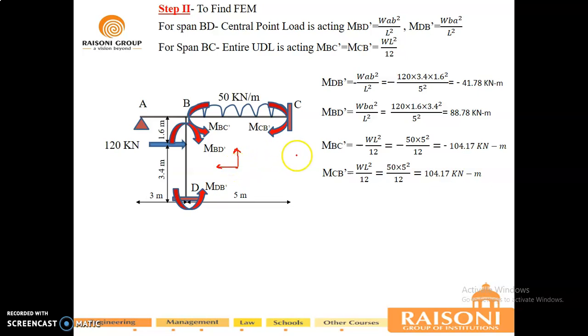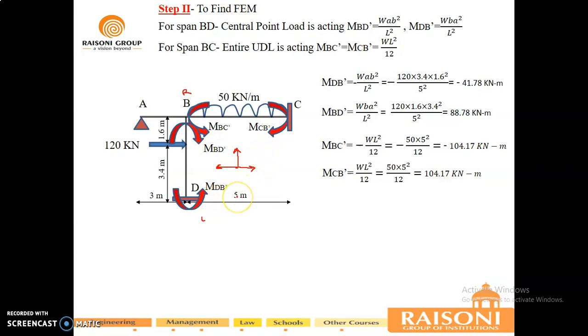If there is a right side column present, then you can observe it like this. Observing from this side, this will be the left part of this BD member and this will be the right part of the BD member. In this way we will get the fixed end moments anti-clockwise at D and clockwise at B, having values M_DB' and M_BD'.